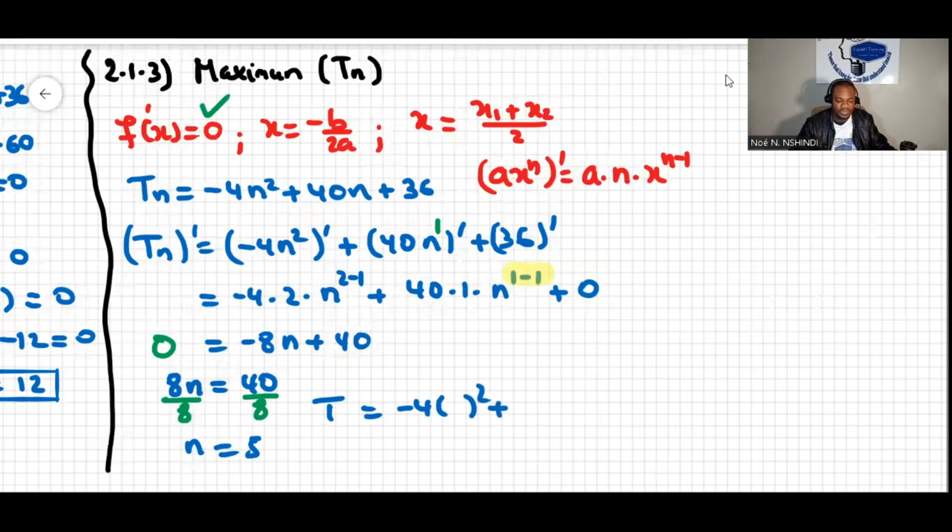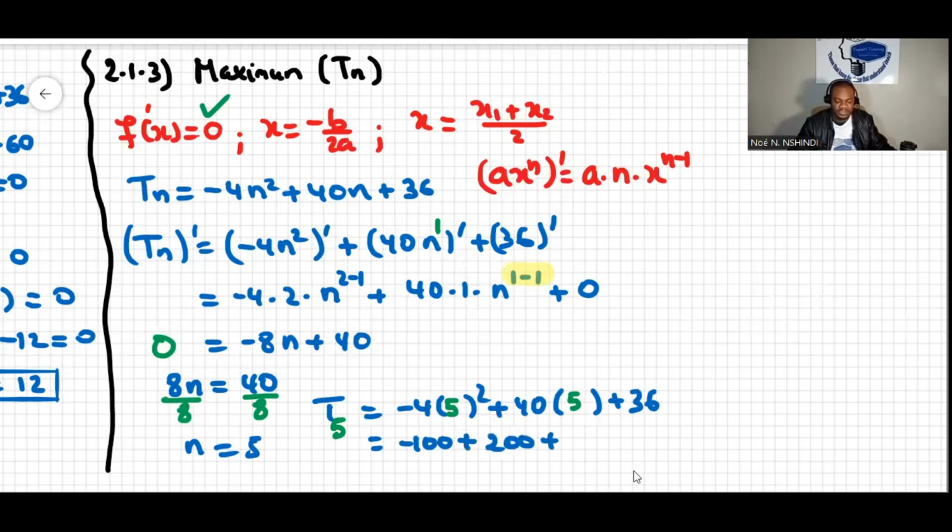So it's negative 4n squared plus 40n plus 36. Instead of n, we substitute 5. 5 squared is 25. Negative 4 times 5 squared makes negative 100. Plus 40 times 5, actually, my apologies, 40 times 5 is 200.